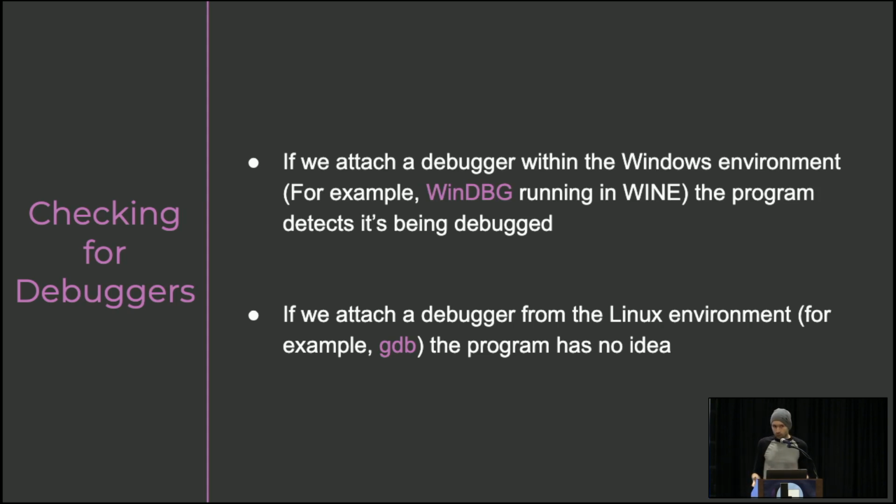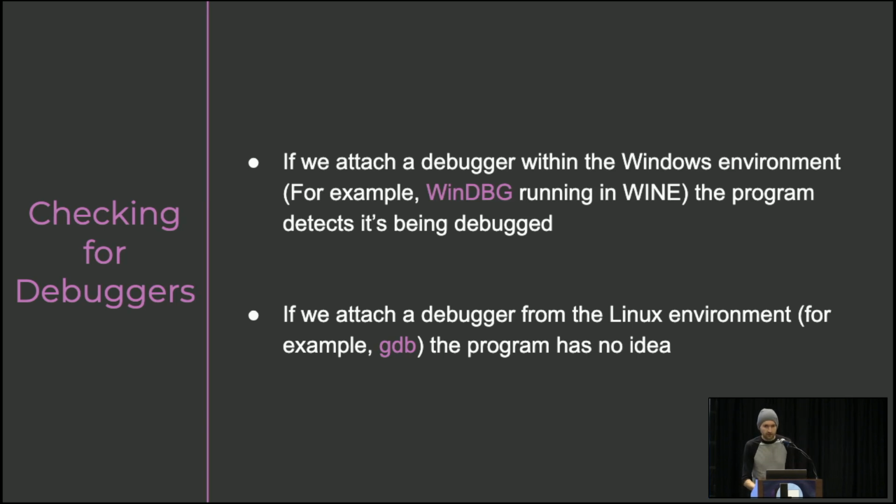But again, Wine processes are just Linux processes with some fancy stuff going on. So what happens if we attach a Linux debugger, like GDB from the host operating system? Well, in this case, the program has no idea what's going on. IsDebuggerPresent doesn't handle this, and we can debug the process however we want, and it'll have no idea that it's going on. But like I said, this is the very first thing you would try as an anti-cheat developer.